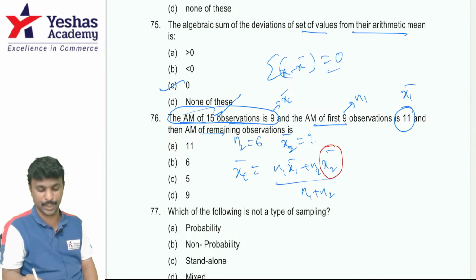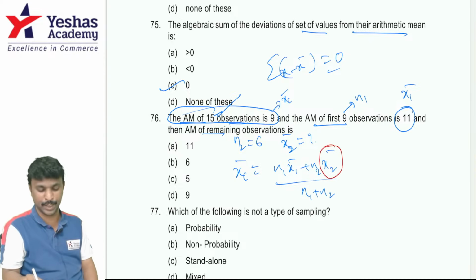N1 is 9 into x1 bar is 11. If I transpose it to the other side, it becomes negative. I get 36. Now this N2 should get divided because it's the coefficient of x2 bar. So divided by N2, which is 6. The result is 6. So x2 bar is equal to 6. Option B is the right answer.